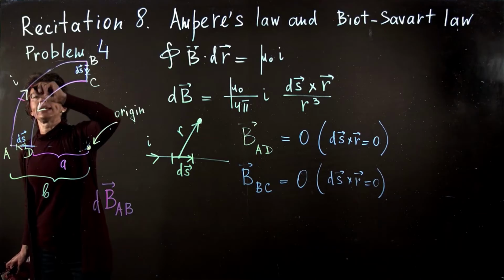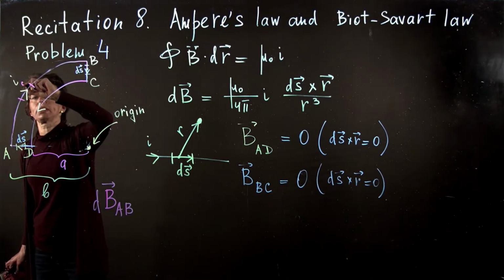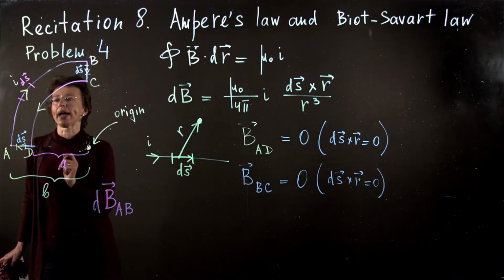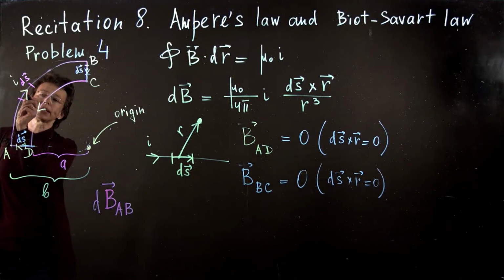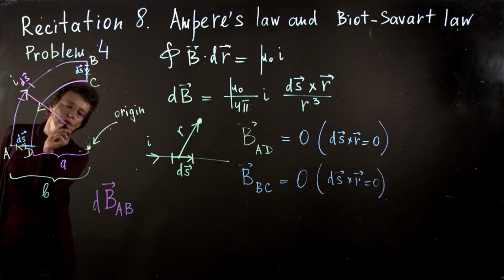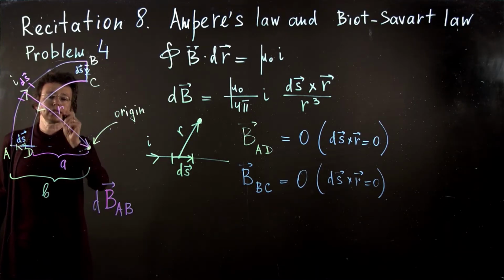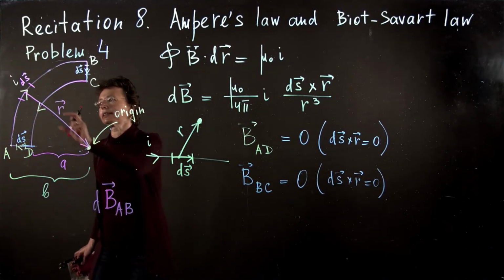So this is my ds. The direction of current is the same as the direction of ds. This is an infinitesimal length of wire. Now what is r? r is from the wire to the point where we are interested in the magnetic field. This is my r. r is in the radial direction.